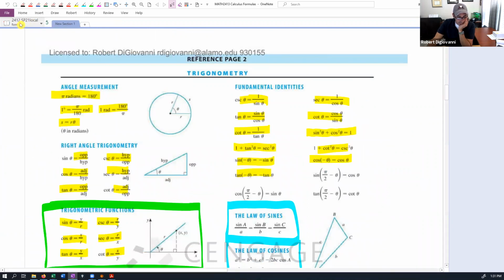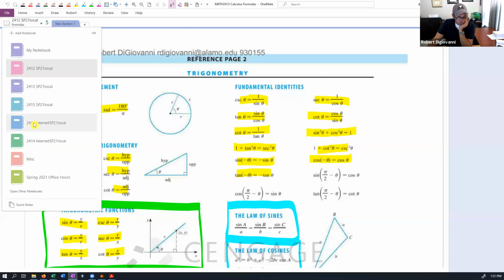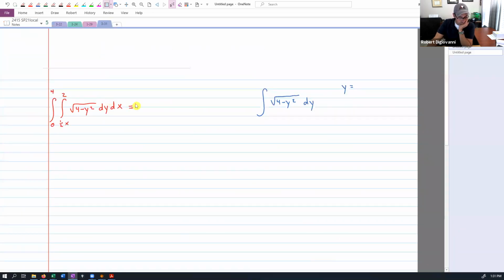So, how do we want to do this? I'm just wondering, should I open the book? Maybe I can just tell you the reference page in the book. Is that okay? Just tell you where in the book it is.